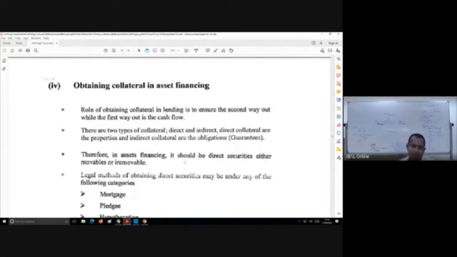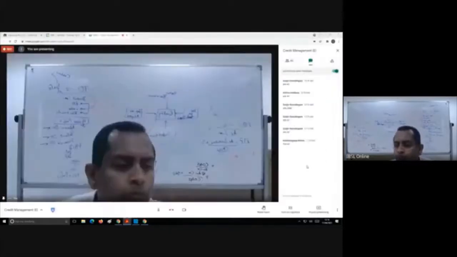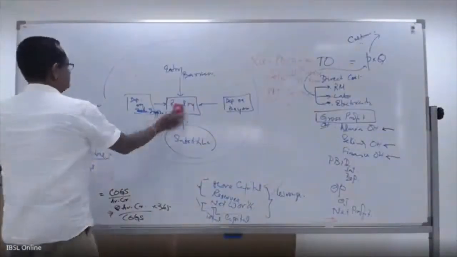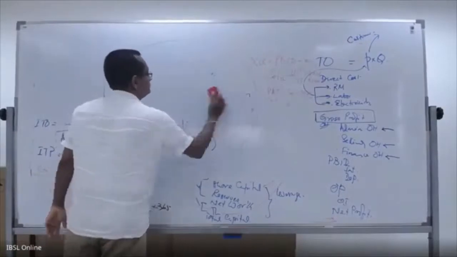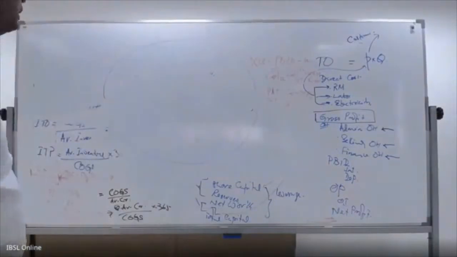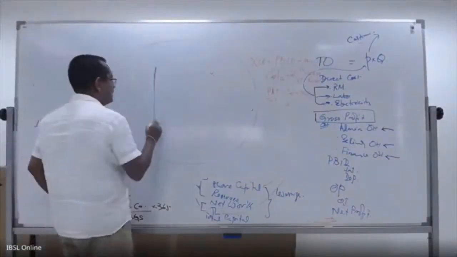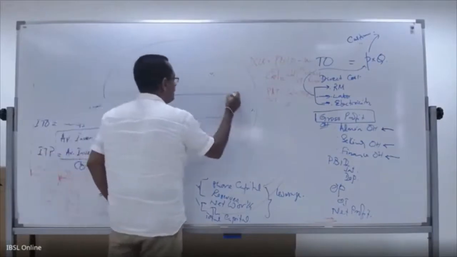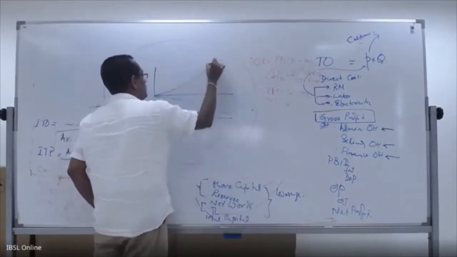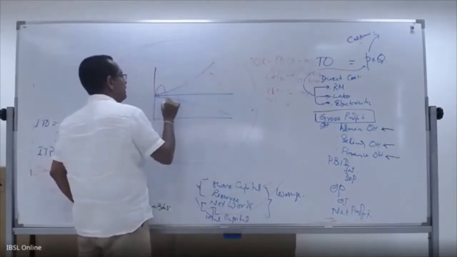Obtaining collateral, right? Characteristics of collateral: stable value collateral, reducing value, increasing value, and fluctuating value.